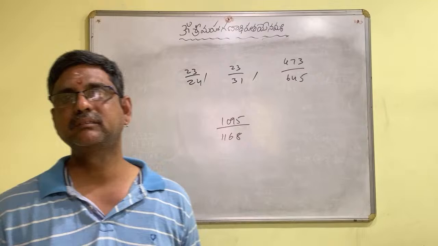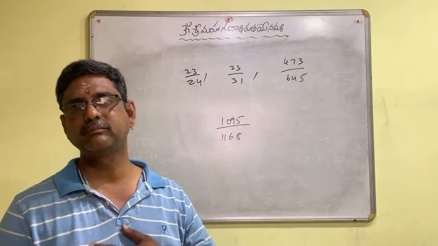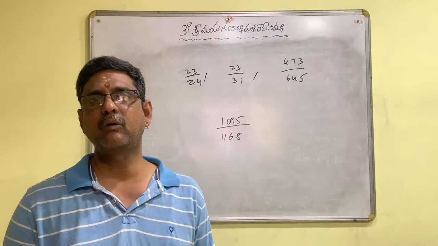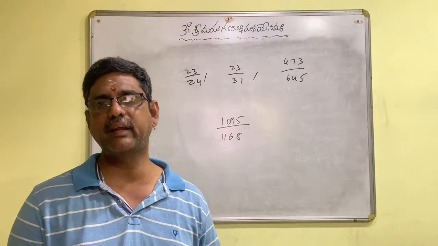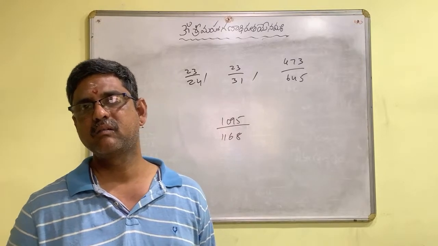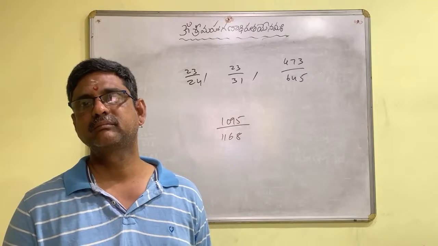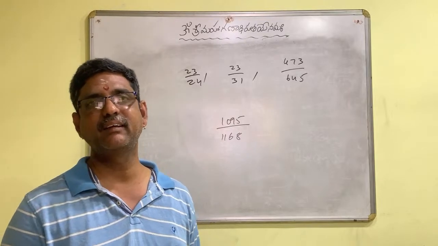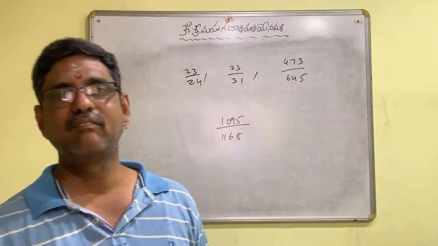Three? How does 473 go in 3? 4 plus 7 plus 3 is 14 only. Not divisible by 3. Then how do you know it goes in the 43 table? Can anyone say? From the answer, sir.